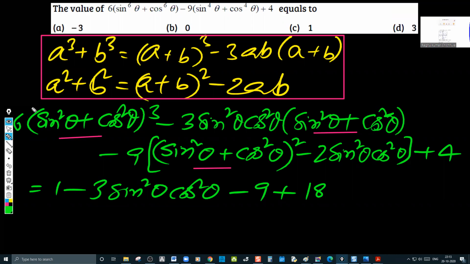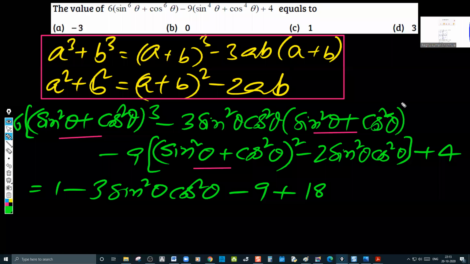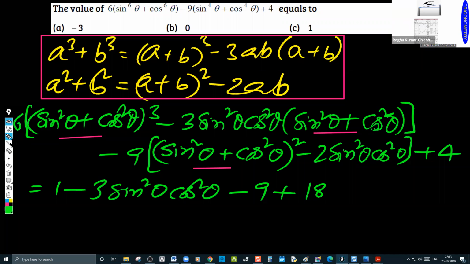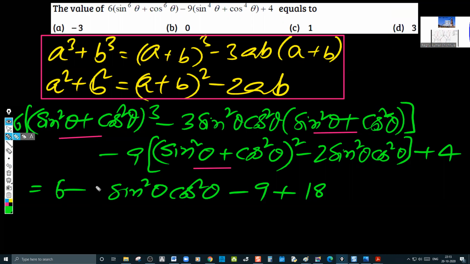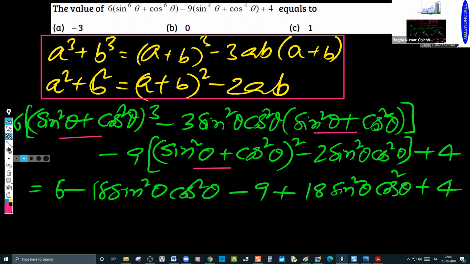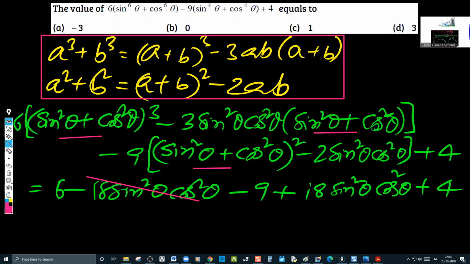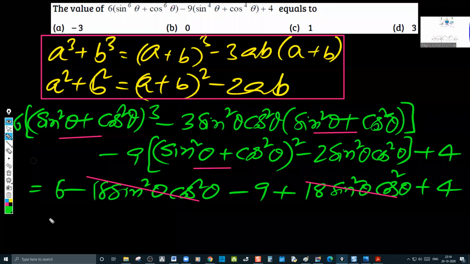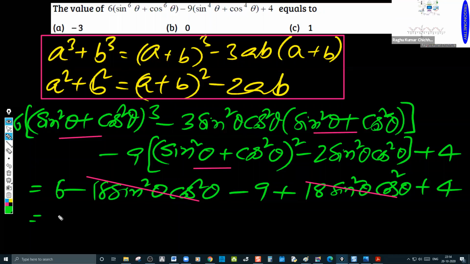So the 1 will be changed to 6, and this one will be 18. The plus 18 sine square theta cos square theta will get cancelled. So 6 plus 4 is 10, minus 9 is 1.